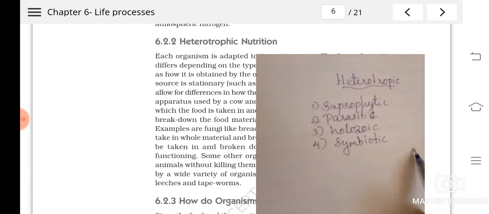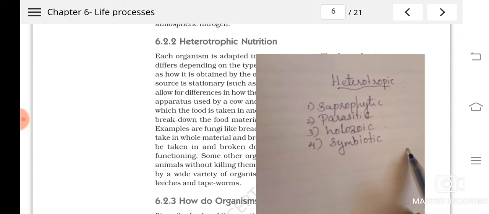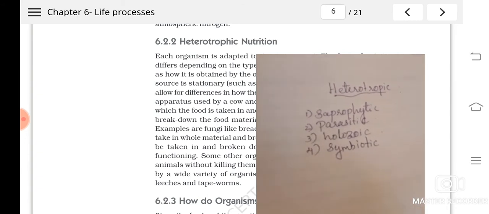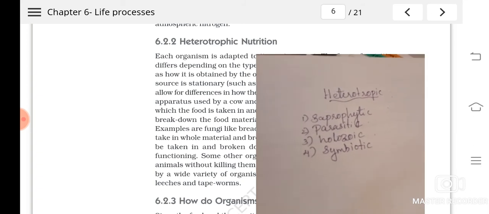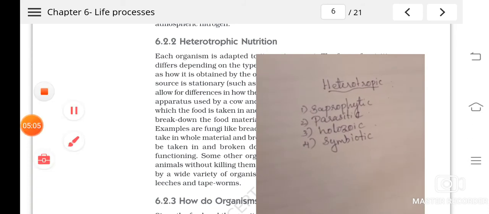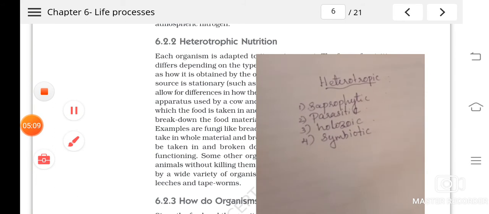Then symbiotic means what? Here two organisms equally benefit. They benefit each other, meaning for the purpose of nutrition they associate and get benefited each other. Understood? So these are some examples of heterotrophic nutrition.